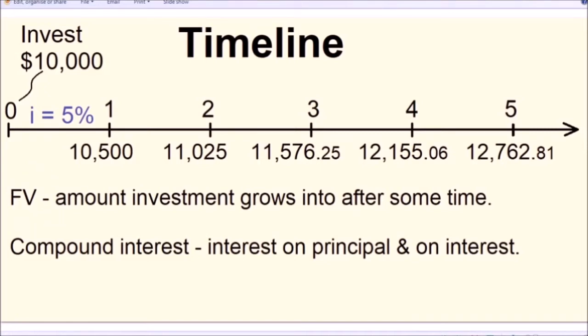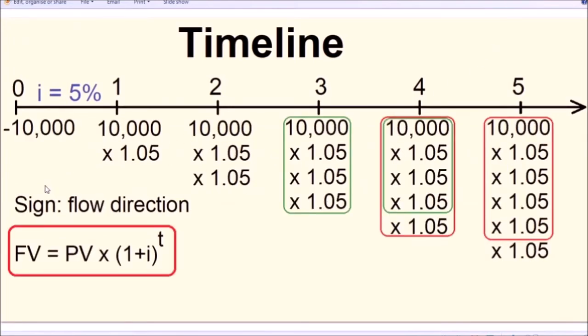Now that we understand the concepts, let's derive the formula for calculating future value, and let's talk about some simple conventions, simple rules. First, talking about the sign convention. Remember that principal amount, the original amount invested of $10,000. That is going to flow out of your pocket and into the investment. A flow out of your pocket will be denoted with a negative sign.